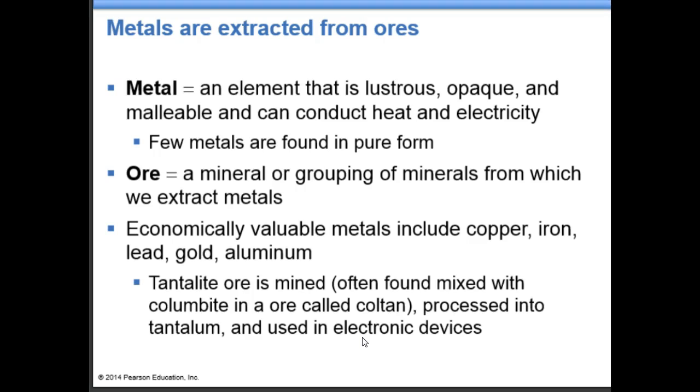Economically, the most valuable ones are copper, iron, lead, gold, and aluminum. Tantalite ore is mined and processed into tantalum that we use in our electronic devices. It is found mixed with columbite in the ore, and that's called coltan.